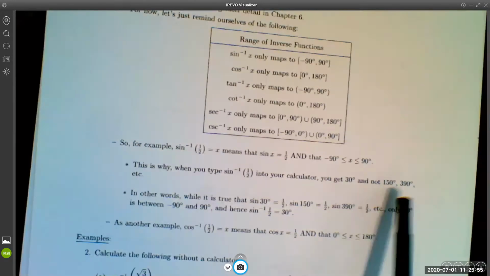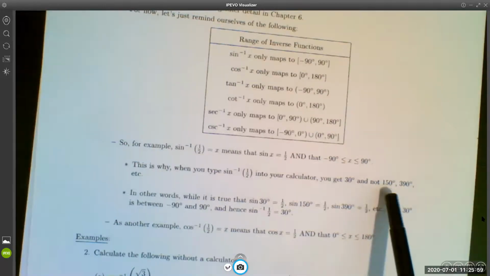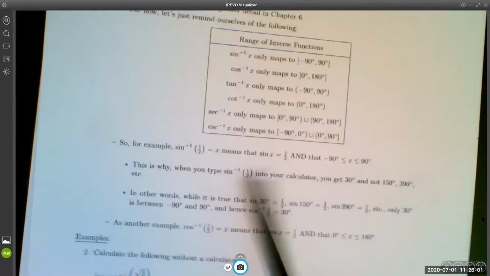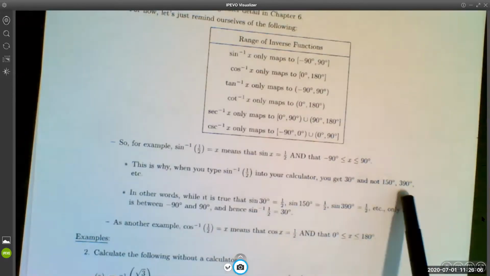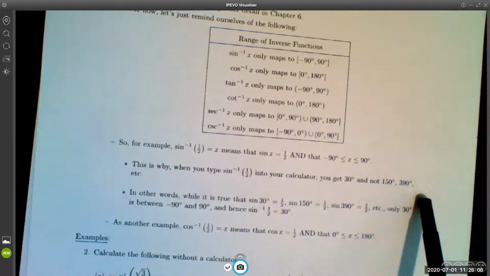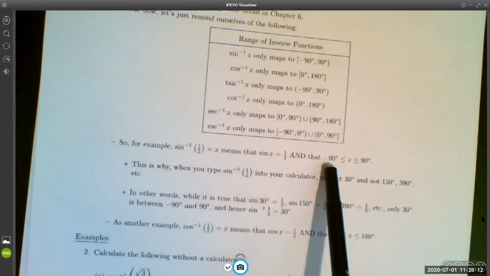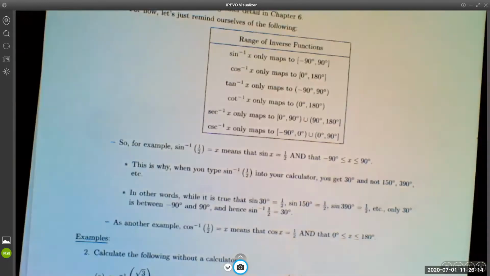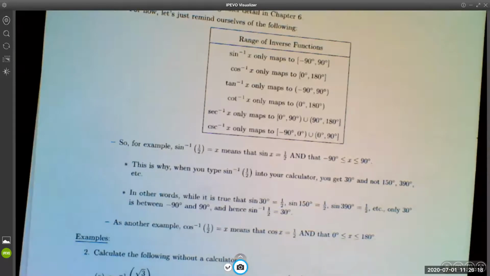You don't get 150, 390, and so forth, even though sine of 150 is also 1/2, and sine of 390 is also 1/2. There are infinitely many angles such that sine of those angles is equal to 1/2, but only one of them lives between negative 90 degrees and positive 90 degrees, and that happens to be the 30-degree angle that your calculator will spit out to you.